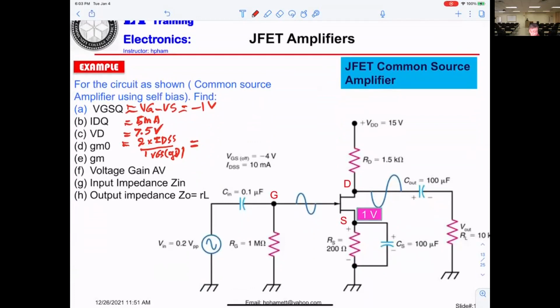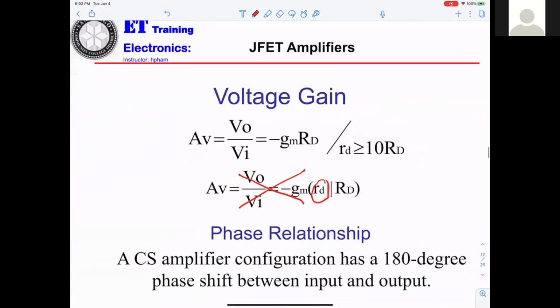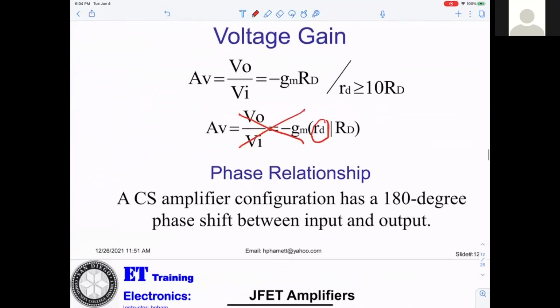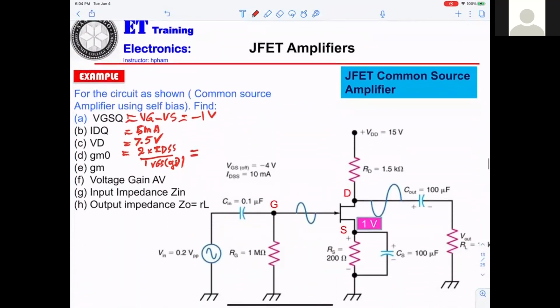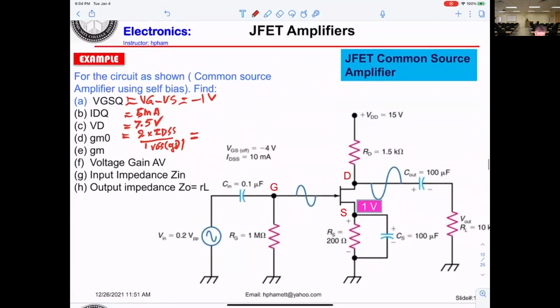IDSS is it equal 10 or what? IDSS was 10 mil, yeah, IDSS was 10. Okay, so they will be 2 times 10.